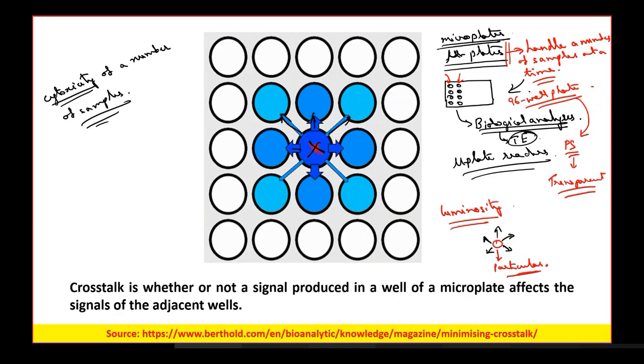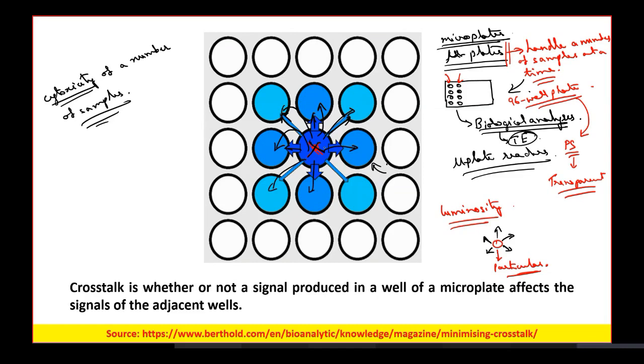When it is radiating light in all directions, it is contributing some photons from here to here, here to here, and so on. So when you are analyzing these other samples, you will have interference from the adjacent wells.